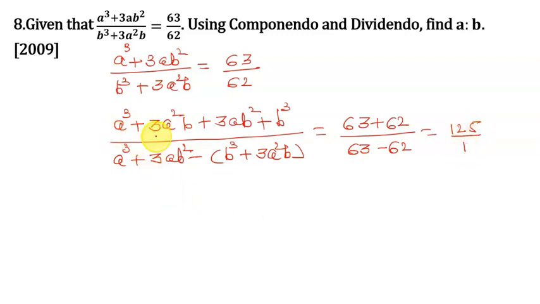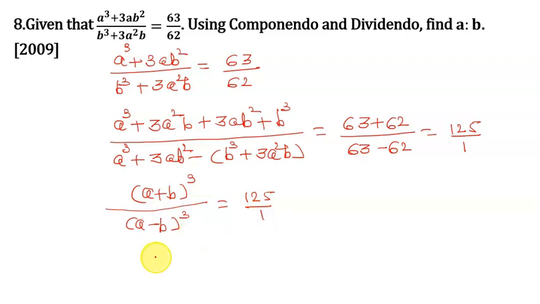But what is this? A cube plus 3a square b plus 3ab square plus b cube, and this is nothing but a plus b whole cube. And what about here? If we simplify this bracket, that is a cube minus b cube minus 3a square b, and this is nothing but the expansion of a minus b bracket cube, and that is equals to 125 upon 1.